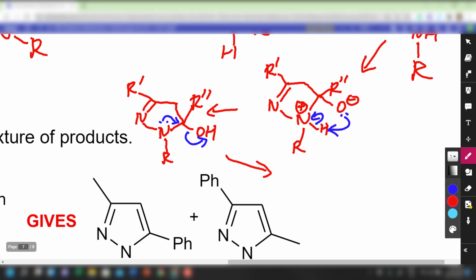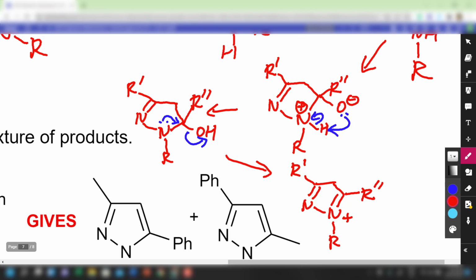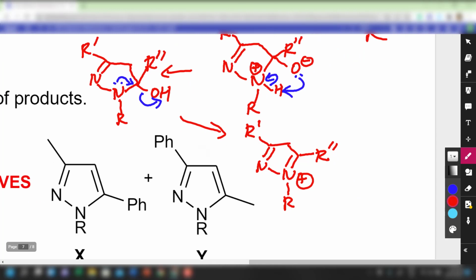So we're going to do that, and then I'm just going to draw in the R prime, and then double bond and R, and then like this, and then R double prime. And then this will take on a +1 formal charge.